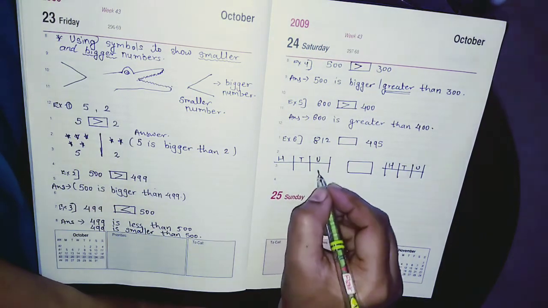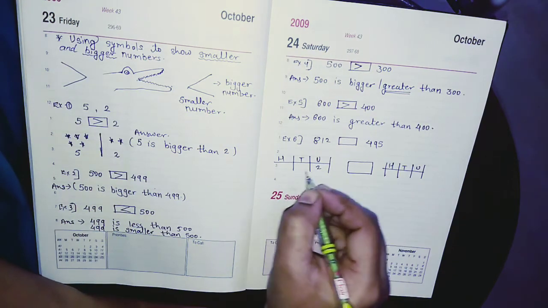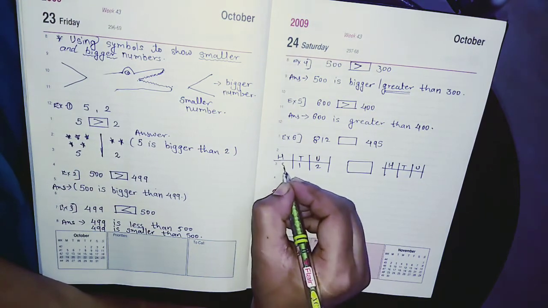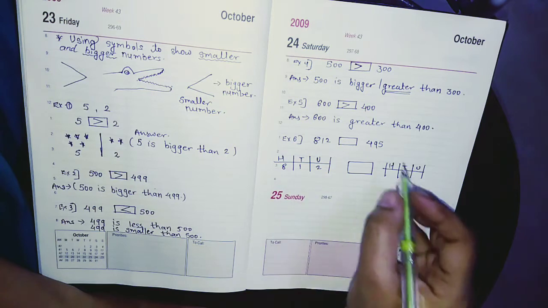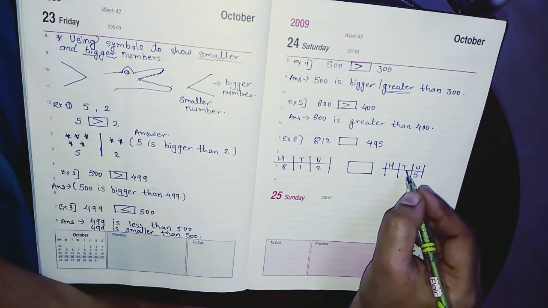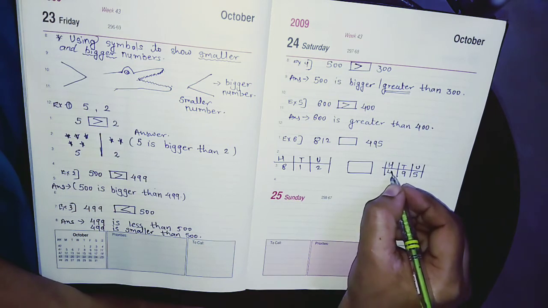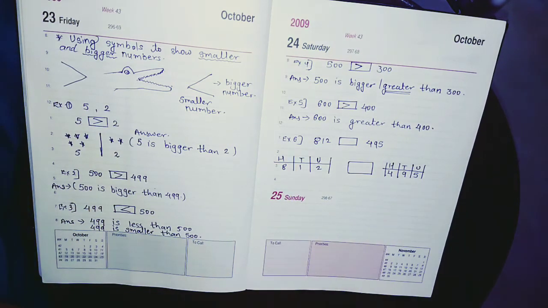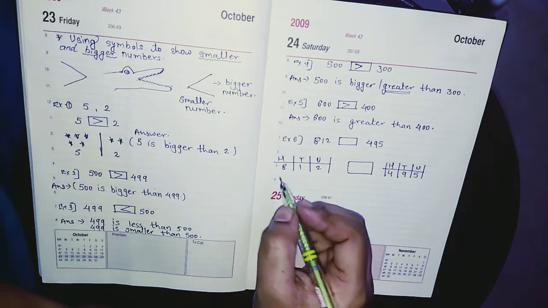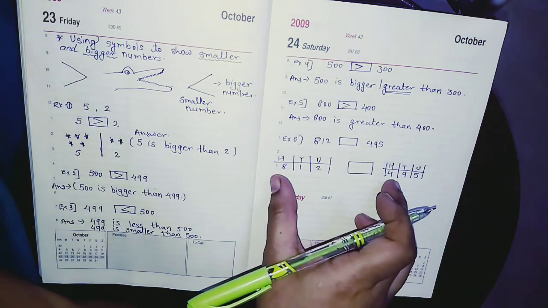For 812, 2 in the units place, 1 in the tens place, 8 in the hundreds place. Here 5 in the units place, 9 in the tens place and 4 in the hundreds place. Now here the biggest place is hundreds.